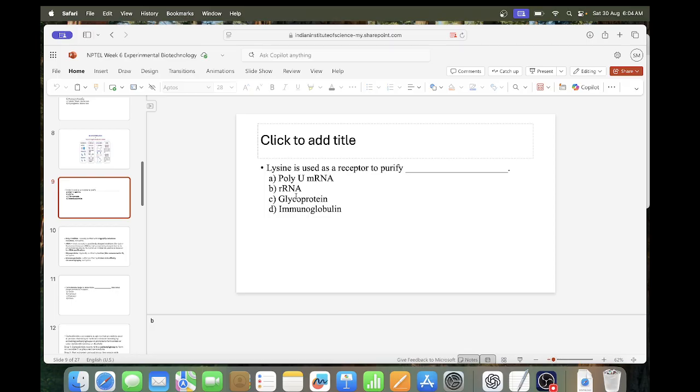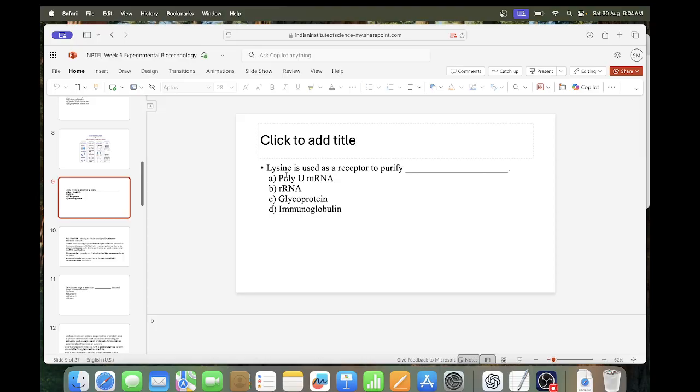rRNA, unlike poly U mRNA, is non-specific. It can have any bases. So we should not be dependent on bases. Rather, we should look at some other properties that are abundantly present in the RNA. One clue that I can give you now is the RNA has this phosphate backbone which is negatively charged. The third one is glycoprotein.